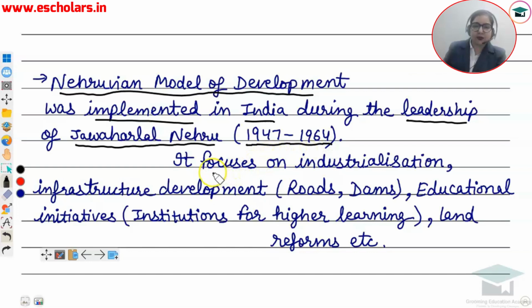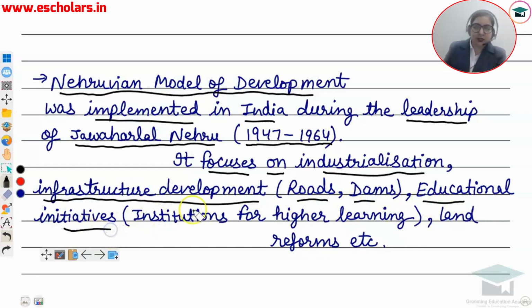This model basically focuses on industrialization, infrastructure development such as construction of roads, dams, etc., and educational initiatives, that is, improving the quality of the institutions for higher learning, and land reforms, etc. So let's recall it till now.